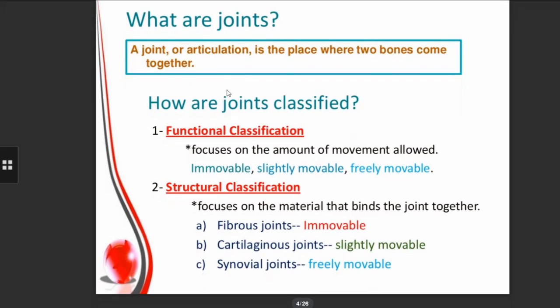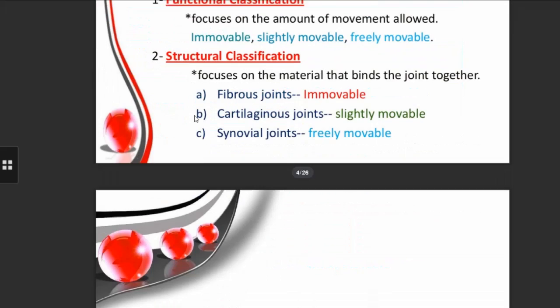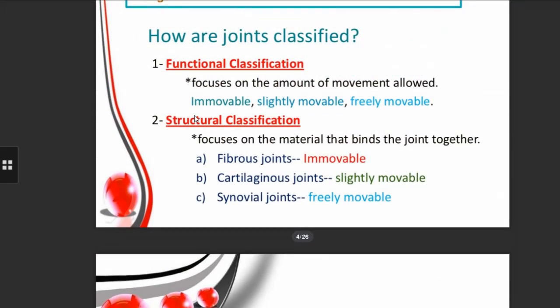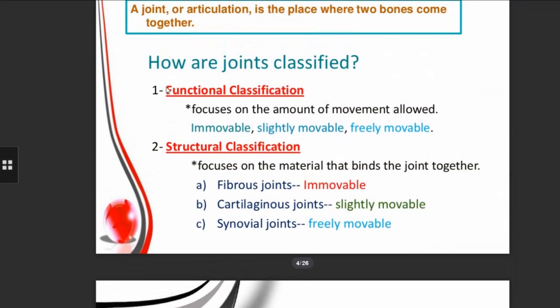So we are going to do a joint classification. There are two ways of classifying the joints. First is the functional classification, and second is the structural. On the functional, we will classify on the basis of immovable, slightly movable, and freely movable: synarthrosis, amphiarthrosis, and freely movable diarthrosis.